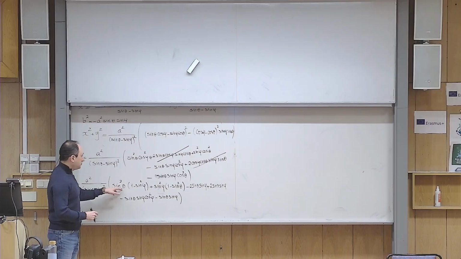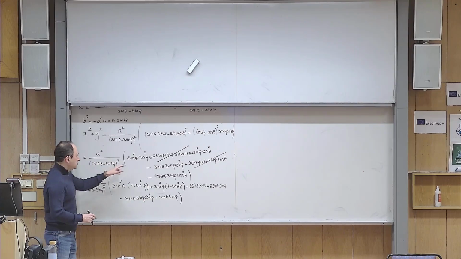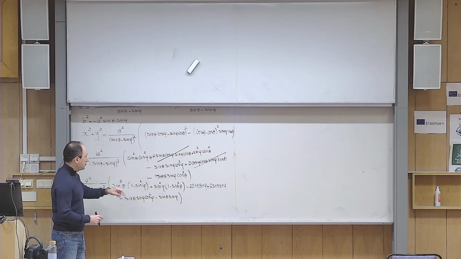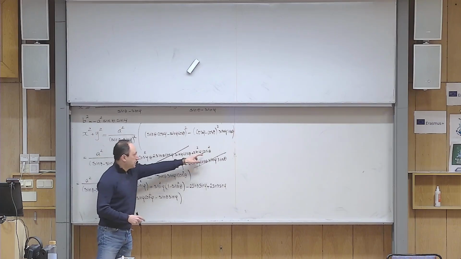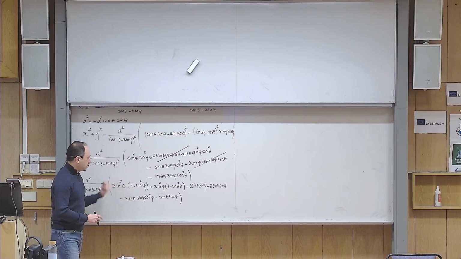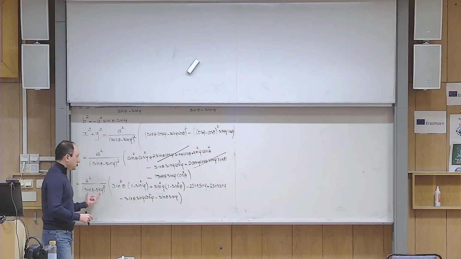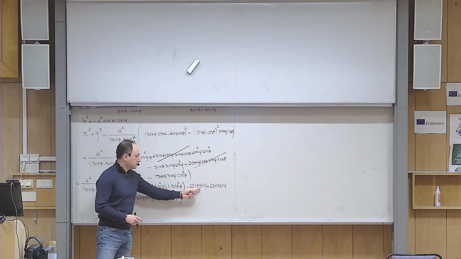But what I did, because of that, I see that there is no cosine. So I got rid of this cosine in this way. I got rid of that cosine in this way. And then I know that a sine theta squared is coming, a sine phi squared is also coming, but I want to have this combination, so I need minus 2 sine.